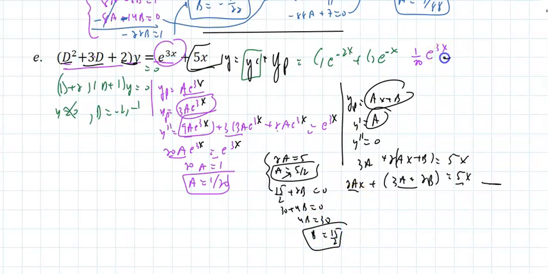Got it. Plus ax plus b. A is 5 halves x plus 15 halves. That would be the least amount of work I could do.